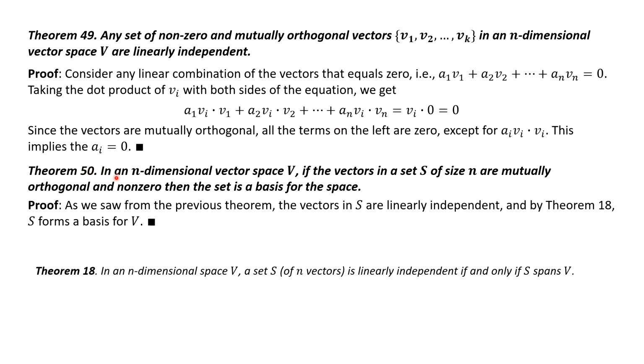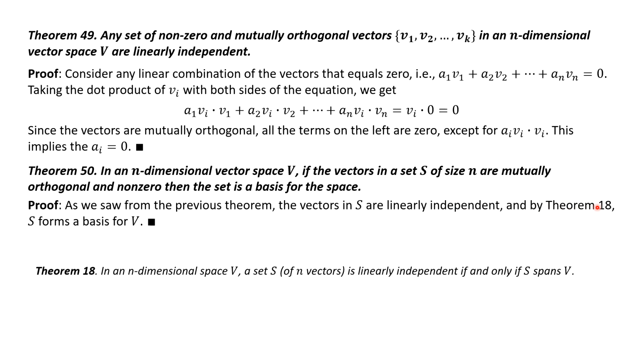The second theorem follows from the first pretty much. In an n-dimensional vector space V, if the vectors in a set S of size n are mutually orthogonal and non-zero, then the set is a basis for the vector space. As we saw from the previous theorem, the vectors in S are linearly independent.